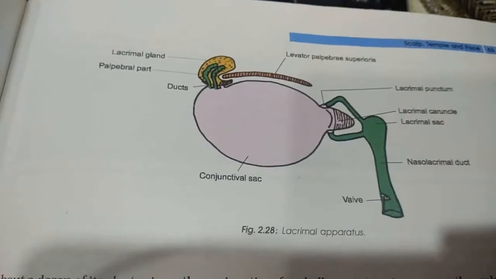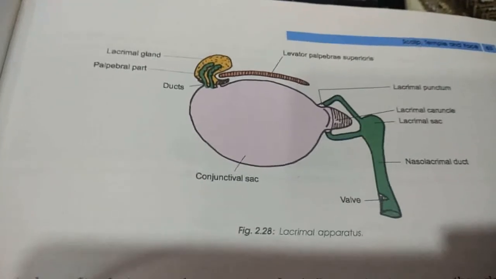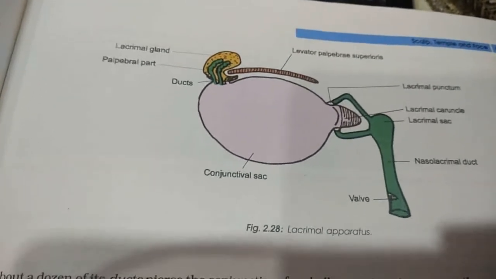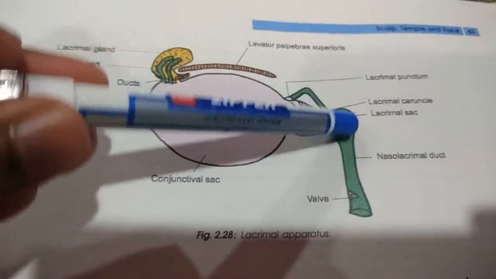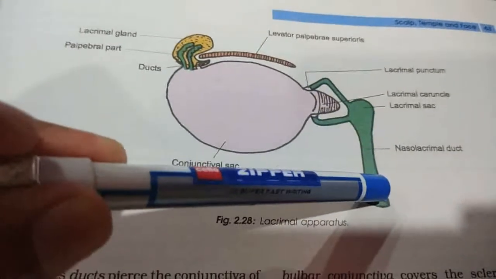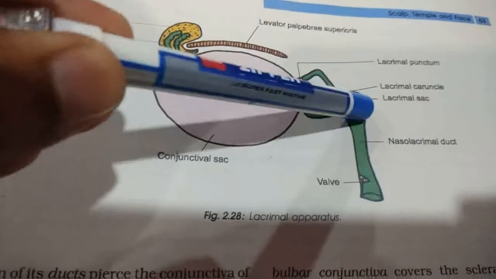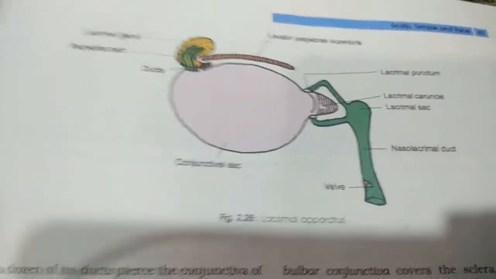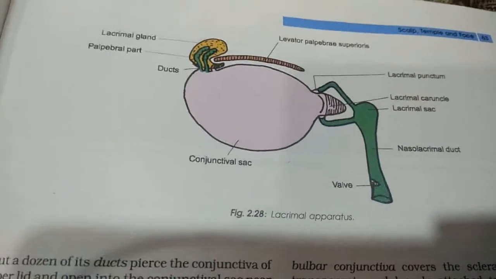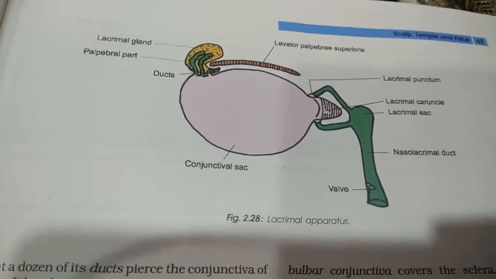Then the lacrimal sac, then the nasolacrimal duct. So this much are the parts of the lacrimal apparatus.